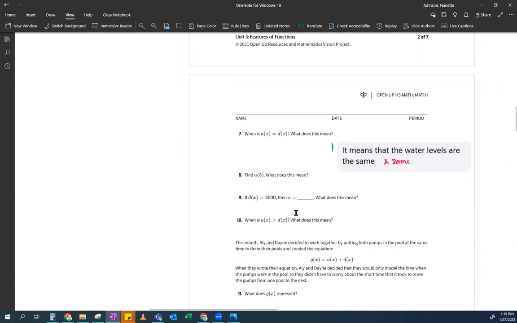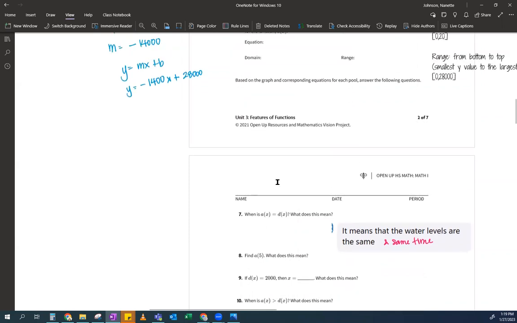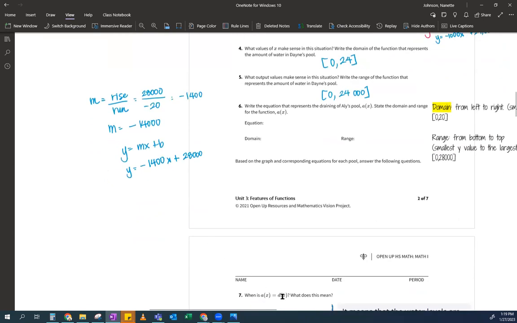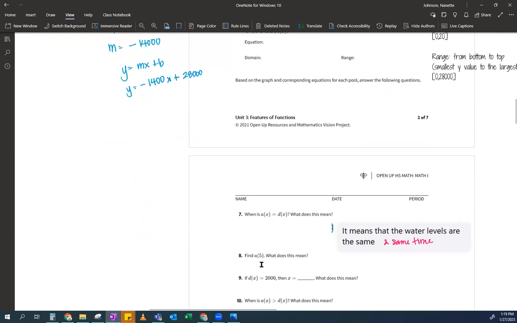Right? So find a of 5. What does that mean? What is a of 5? So over here, a of 5 is, okay, this is a of 5 here. What would I do to find a of 5? Everyone say this, say a of 5. Did you say it? Good. Do not say a times 5. That's not correct.